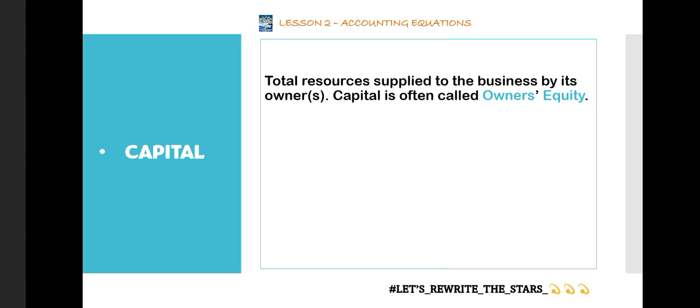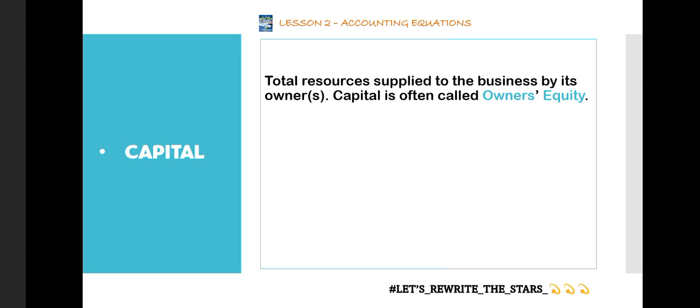But within the business, it is an asset of the business, because now it is no longer in the hands of the owner. It has become part of the business. So when the owner introduces the item into the business, it becomes a property of the business and no longer the owner's property.